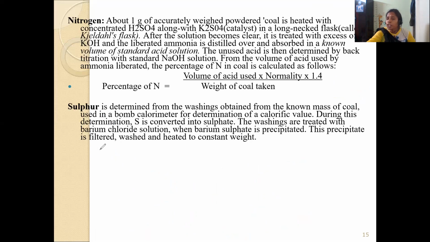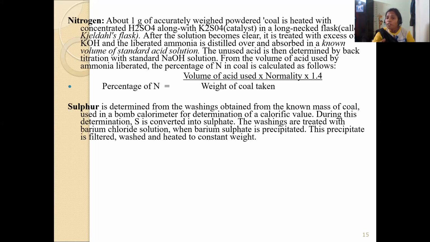And the next one, determination of percentage of sulfur. It is determined from the washings obtained from the known mass of coal. When we are washing the coal sample, during that process, we are going to find out the percentage of sulfur, and it is used in a bomb calorimeter for determination of calorific value.